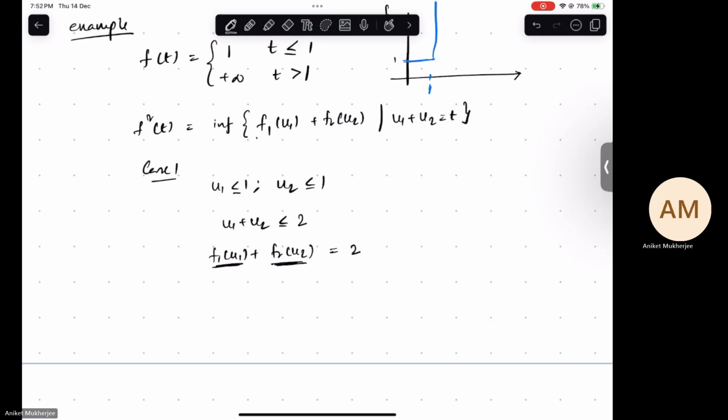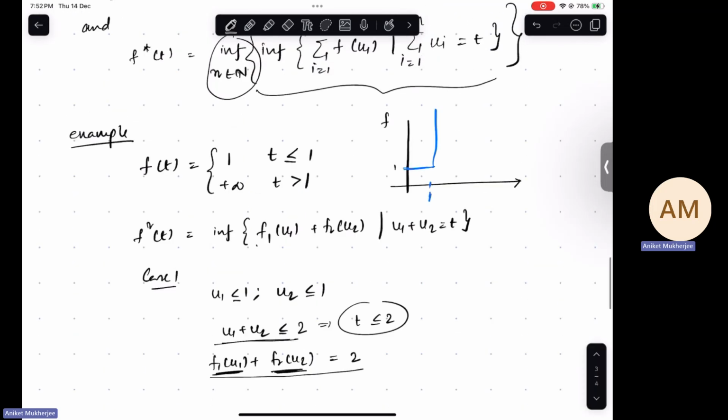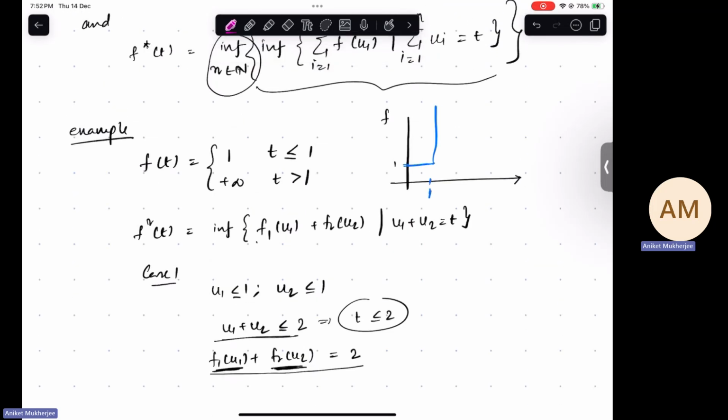So under these conditions, if t is less than or equal to 2, then f1 u1 plus f2 u2 is 2. So f2 would be 2 till 2, but then it will go to infinity. Similarly, if you take f3, f3 would be 3 till 3, and you need to take the minimum of all of this.